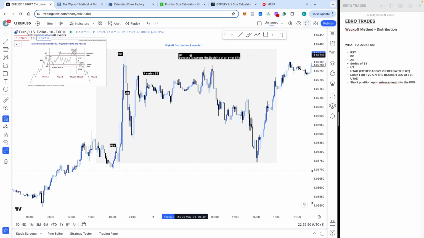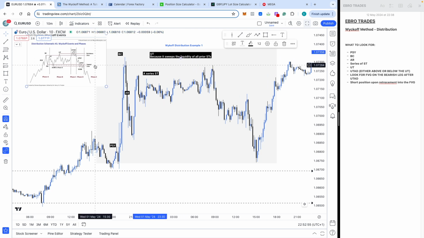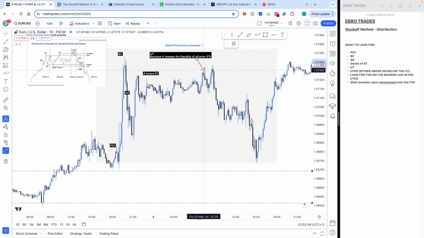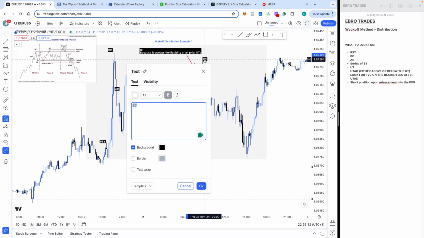So this right here, if I can manage to draw an arrow for you, is our UT, which means that the high formed immediately after the UT is our UTAD.